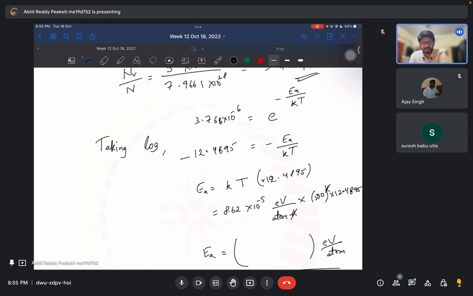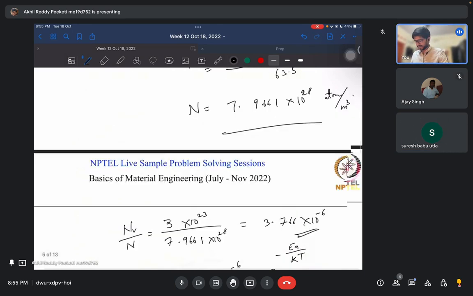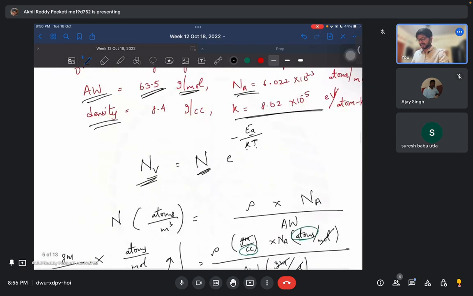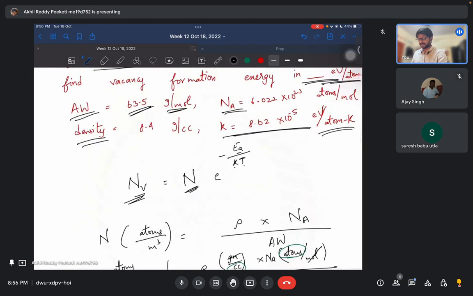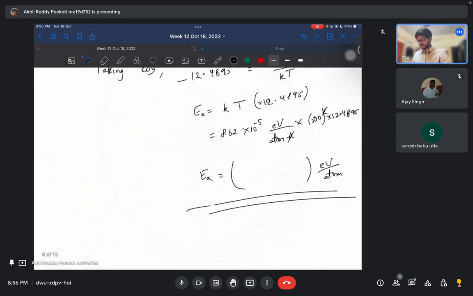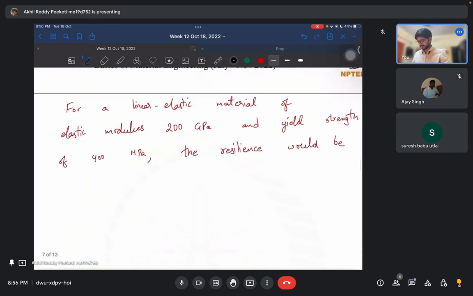Whenever you are substituting, try to put the units also, then it will be easier to handle. In K you should be very careful, because based on what units you are asked the activation energy, the corresponding units you need to take for K. Boltzmann constant has different values for different units. If you change the units, the values will be different. So I should be clear on that.